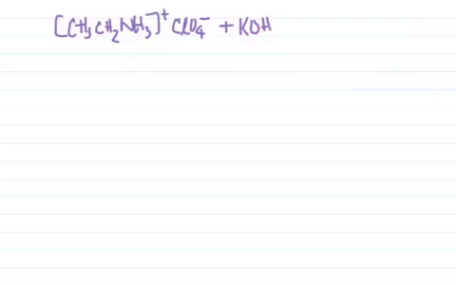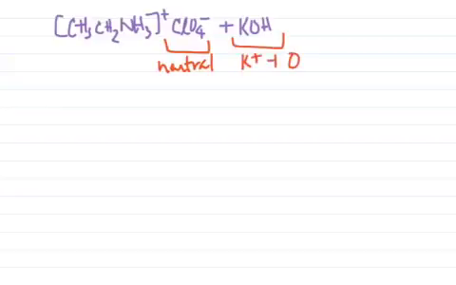Let's try another one. All right, so I can look at this a different way. So let's start off first. First thing I know is this piece right here is an anion off of a strong acid. So that means this is going to be neutral. And if I break up the K plus the OH, I know that the K is going to be neutral, and my OH is a strong base.